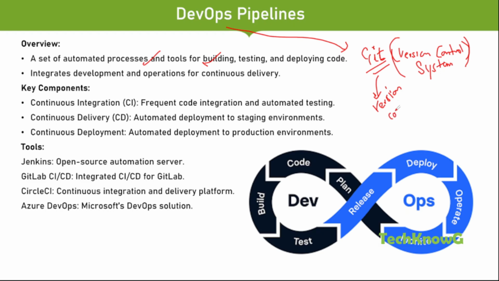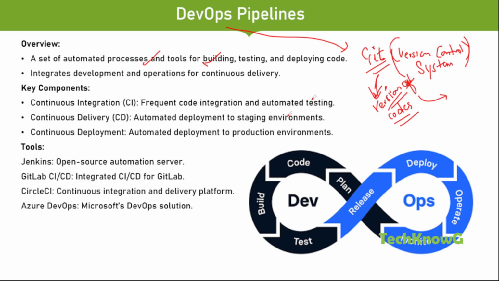Why do we require different versions of code? Let's say there is an issue in production, and the code has a problem. If they want to roll back to the previous code, they can easily roll back because they have the different versions of code. That is the usage of Git. It stores multiple versions of code.